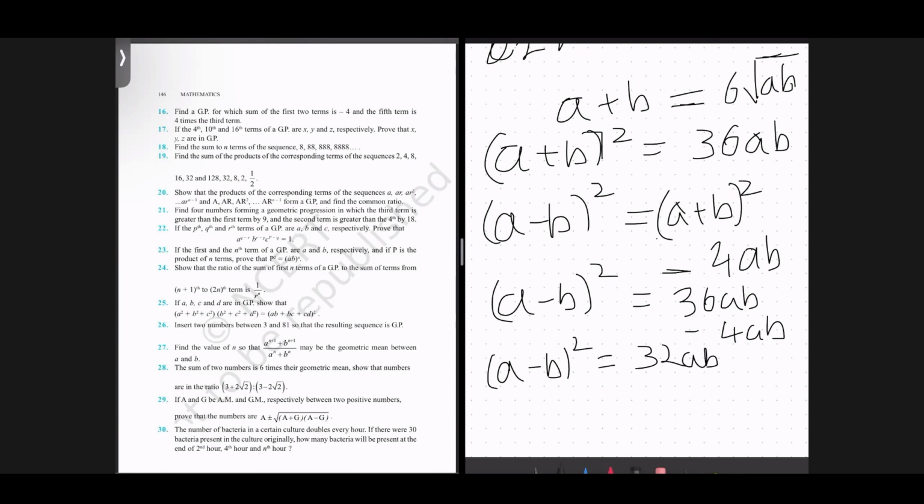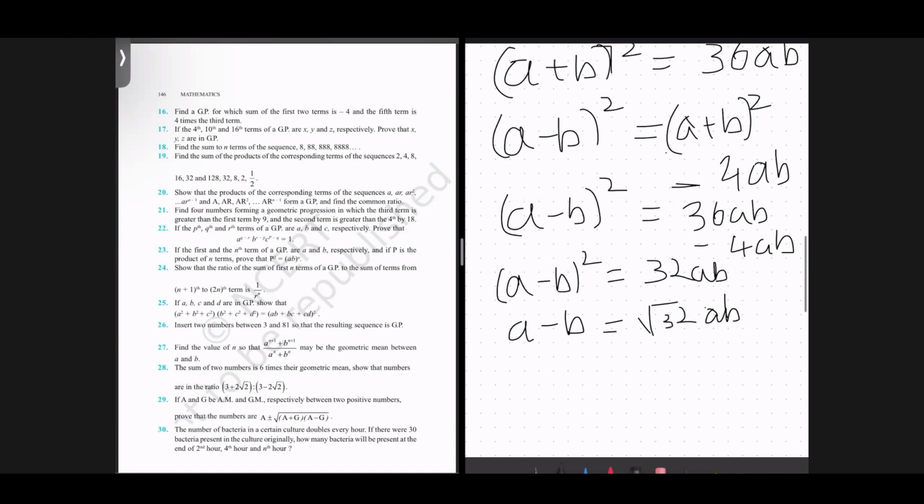Taking the root on both sides, you get a minus b equal to root 32ab, correct? Now this is nothing but root 32 root ab as well. Root 32 is nothing but 4 root 2. So a minus b is going to be 4 root 2 root ab, and also we have a plus b equal to 6 root ab.